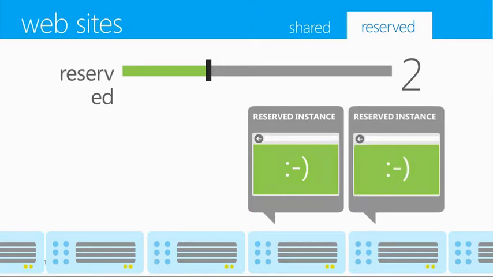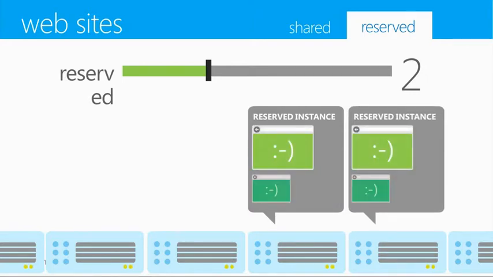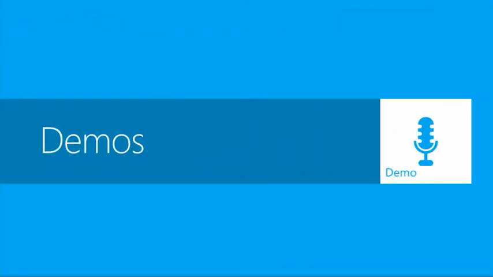You can also share your reserved instances with multiple sites. So you could deploy 3 or 4 or whatever of your websites to your own reserved instances, in sort of your own private shared version of Windows Azure websites. So there are a variety of different ways you can scale on Windows Azure, which I think makes for some powerful applications.